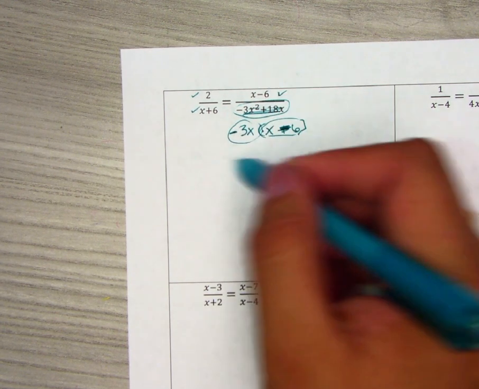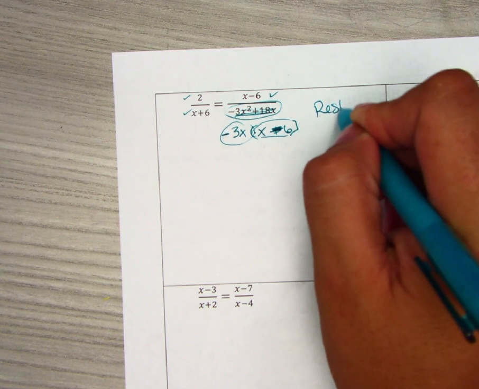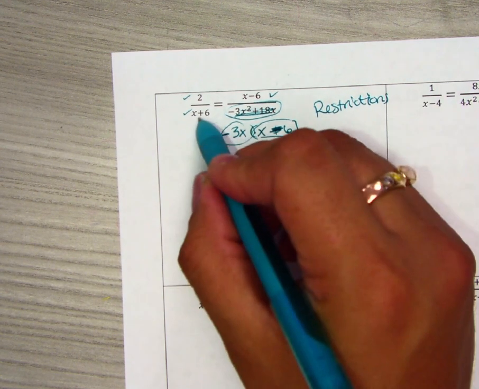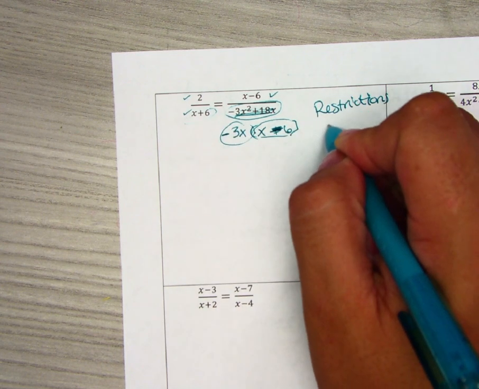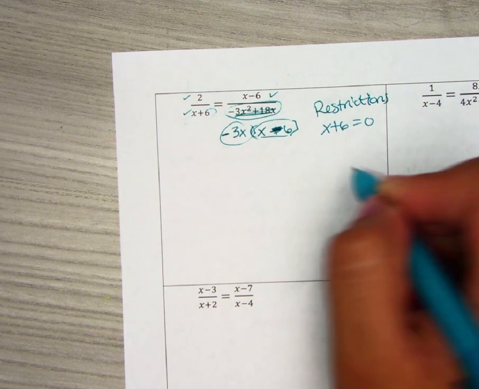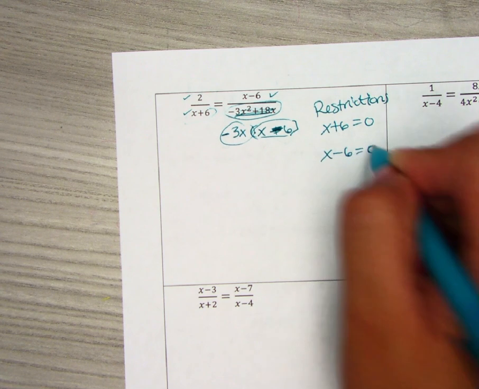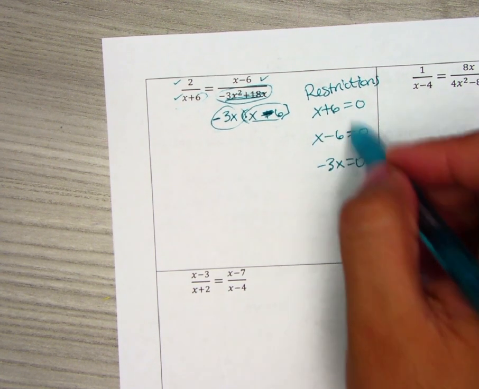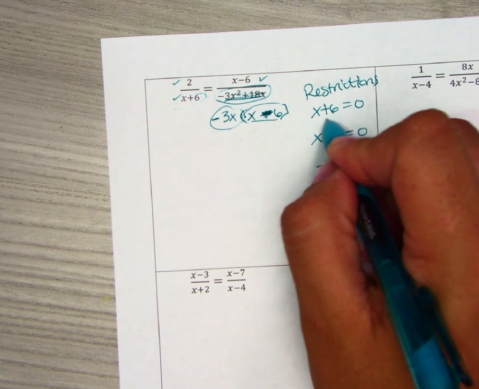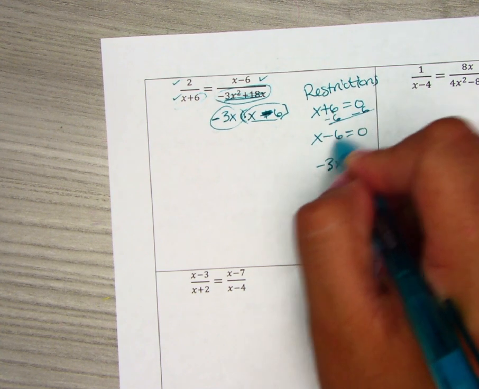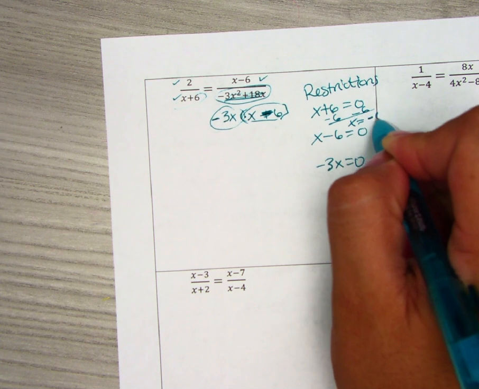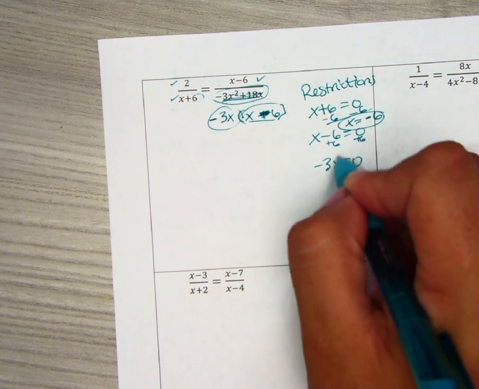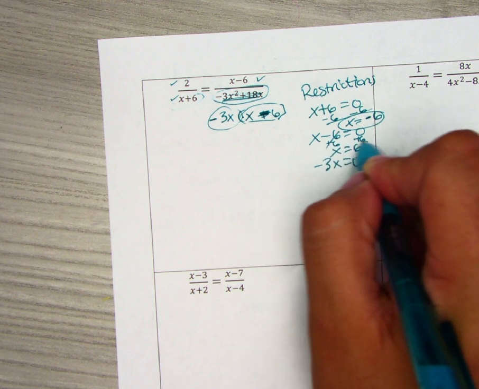And now we just look across and we do restrictions. So restrictions for here, we are actually going to have several. X plus 6 is a factor. X minus 6 is also a factor, and then negative 3x is a factor. To solve for these, we just apply inverse operations, so minus 6, x equals negative 6. On this one, plus 6 plus 6, x equals 6.